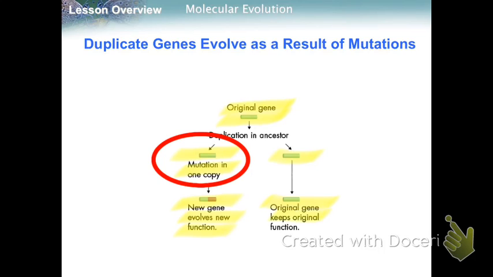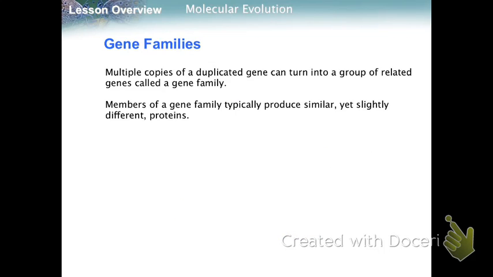And like I said on the previous slide, the original gene keeps the original function. So the original protein is still being produced. This one now is producing an extra protein for a different function, probably a similar function, but a different protein altogether.